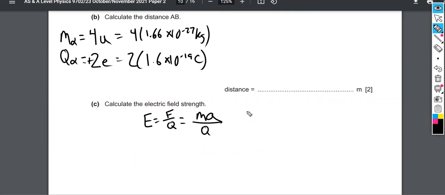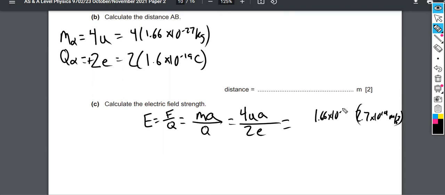And so the mass is 4u times the acceleration a. The charge is 2e. Then substituting in values, 4 times u, where u is that. The acceleration is still 2.7 times 10 to the 14 meters per second squared, 1.66 by 10 to the minus 27 for that, 4, 2, 1.6 by 10 to the negative 19.